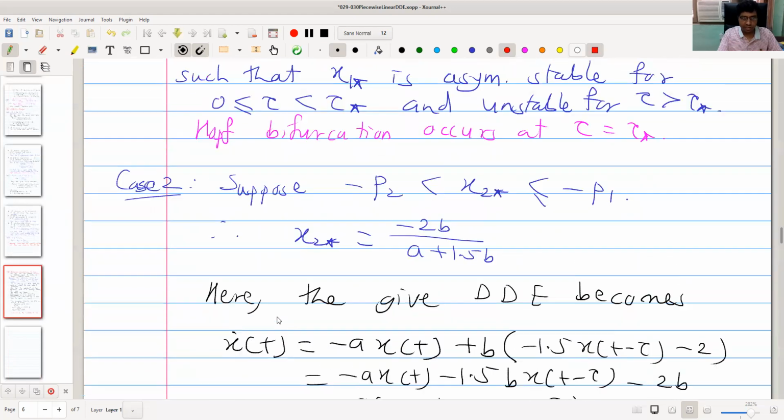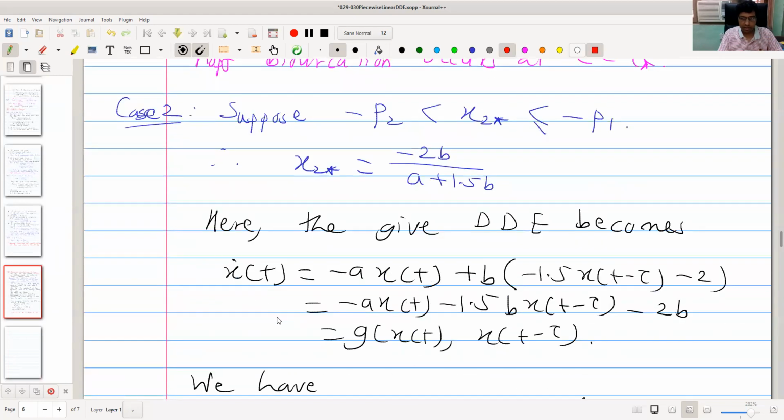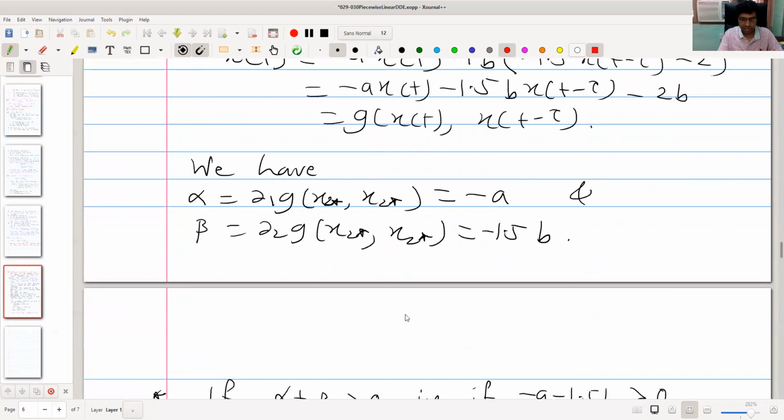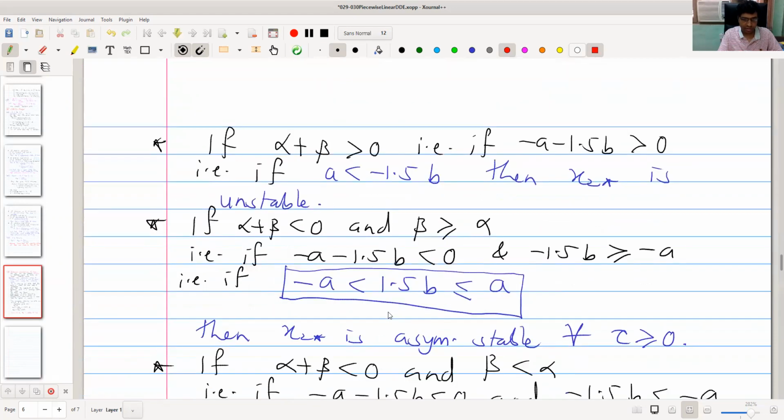We have seen that both have the same conditions. So the condition is this one. If a is less than minus 1.5b, it is not possible here because a and b both are positive. So this is not possible.